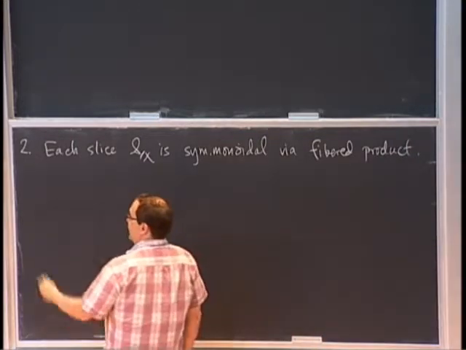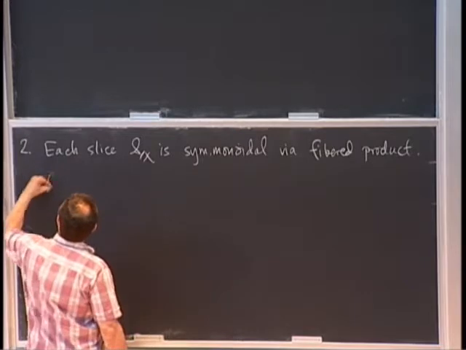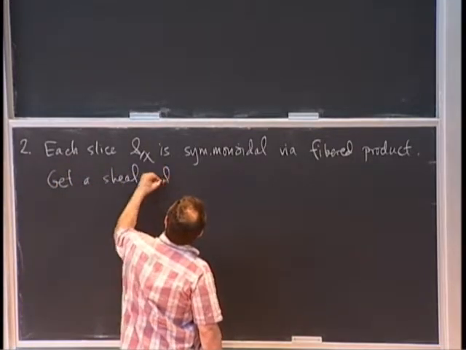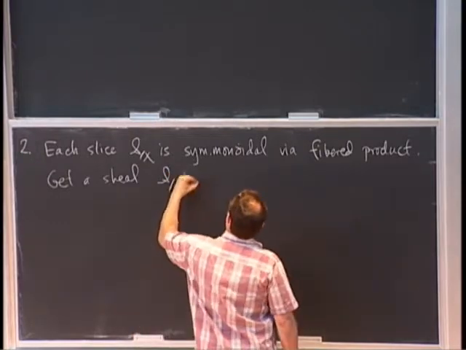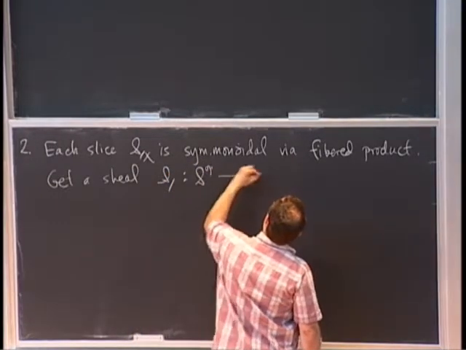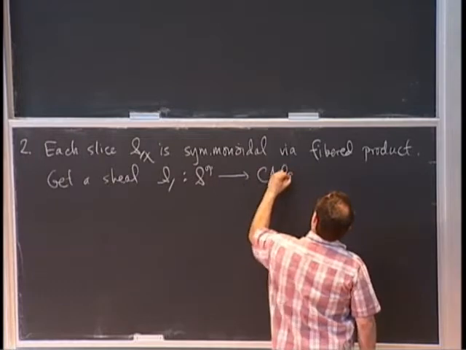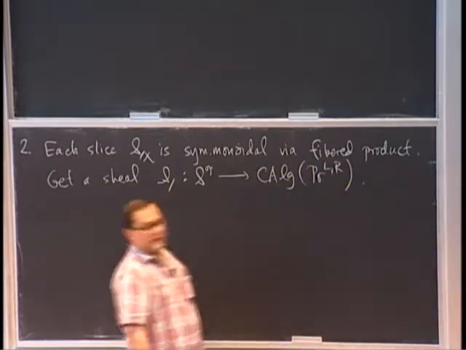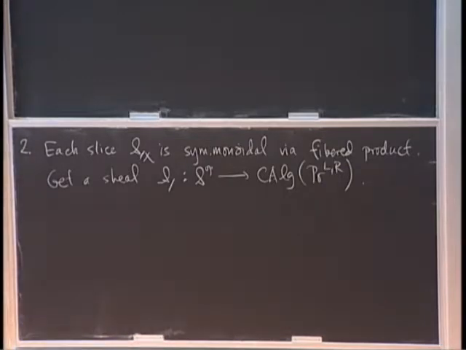So if I put all this structure together, I actually get a sheaf, which I'll call S slice, from S op to commutative algebra objects in presentable infinity categories where the functors have both a left and a right adjoint.